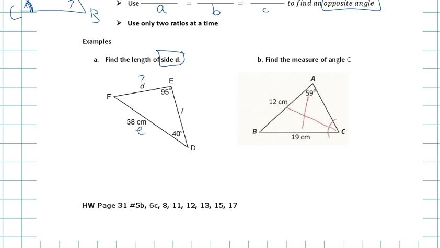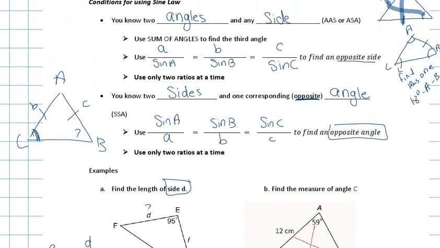Okay. So, since I'm looking for a side, I want the sides on the top. So I want E over sine E equals D over sine D, right? When you're looking for a side, you want the sides on the top. When you're looking for an angle, you want the sine on the top.